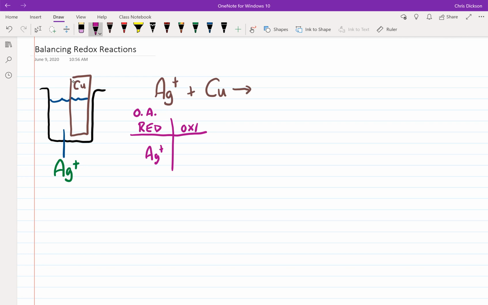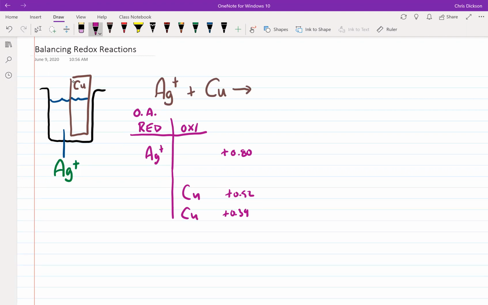But really what we want to do is predict whether this would even occur in the first place. So I need to know the positional place of these items. If you're looking for silver, it's at 0.8 on the data table. And if you're looking for copper, it actually appears twice, at 0.52 and 0.34, I think. So you get copper metal and copper metal.